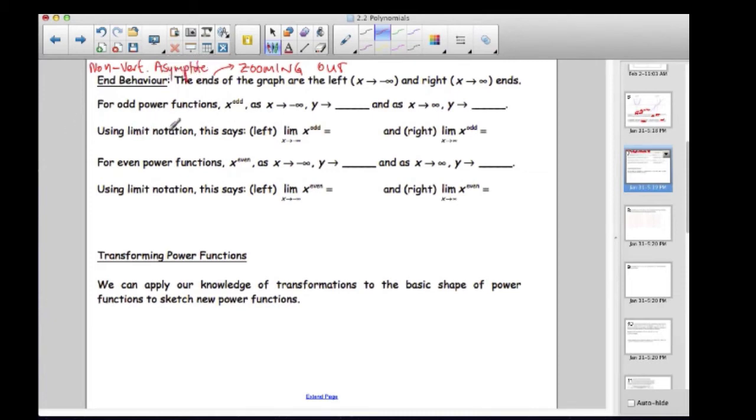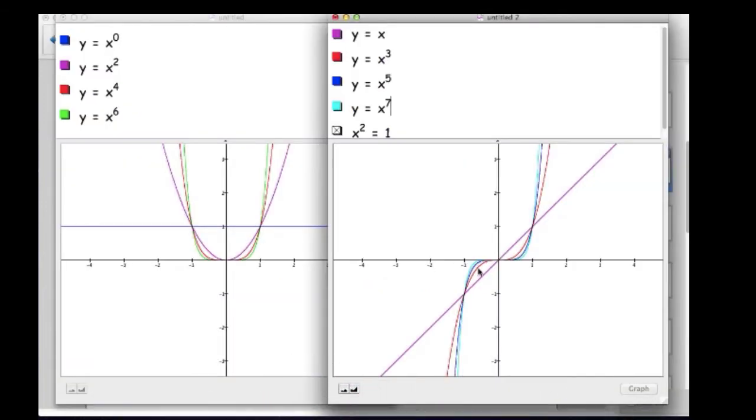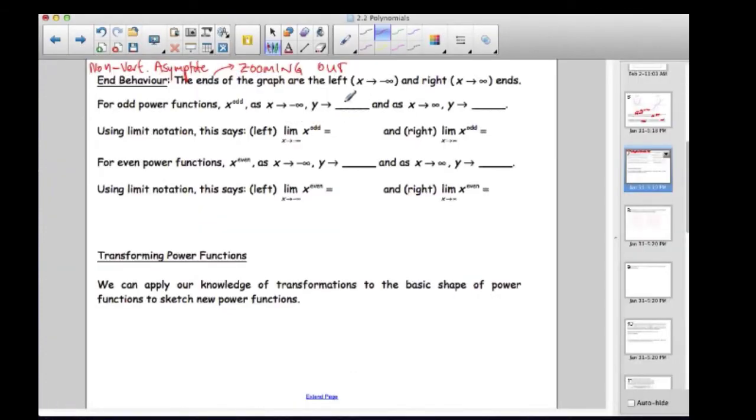For odd power functions, as x approaches -infinity, y approaches, well, let's take a look at the graph. On the odd graphs, as x approaches -infinity, y is going down towards -infinity. And as we move to the right on these graphs, y is going up. So we have, as x approaches -infinity, y approaches -infinity, and as x approaches +infinity, y approaches +infinity.